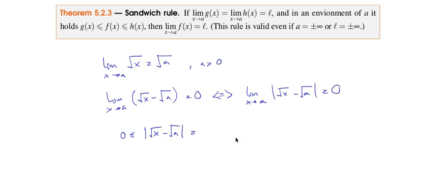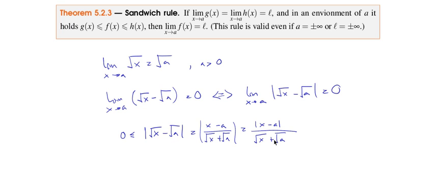Now we multiply and divide by the conjugate, so in the denominator we have the square root of x plus the square root of a, and then here we have x minus a, and in the denominator we have positive numbers, so this is the absolute value of x minus a, divided by the square root of x plus the square root of a.